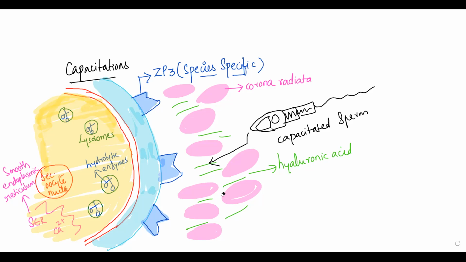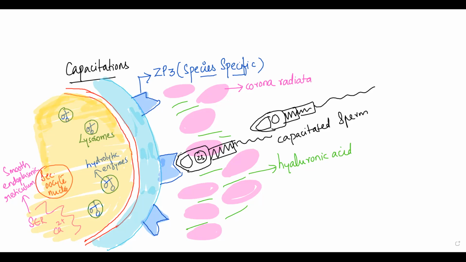So let's fix our sperm here. So your sperm comes in contact with or binds with this particular ZP3, that is Zona Pellucida type 3 receptor.